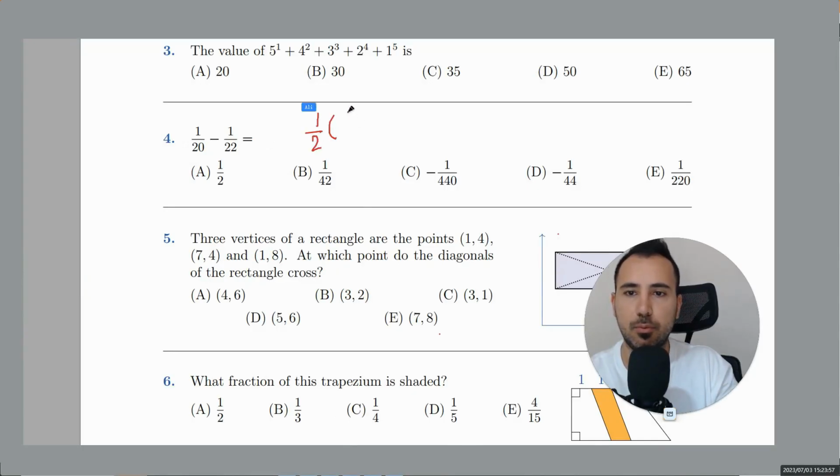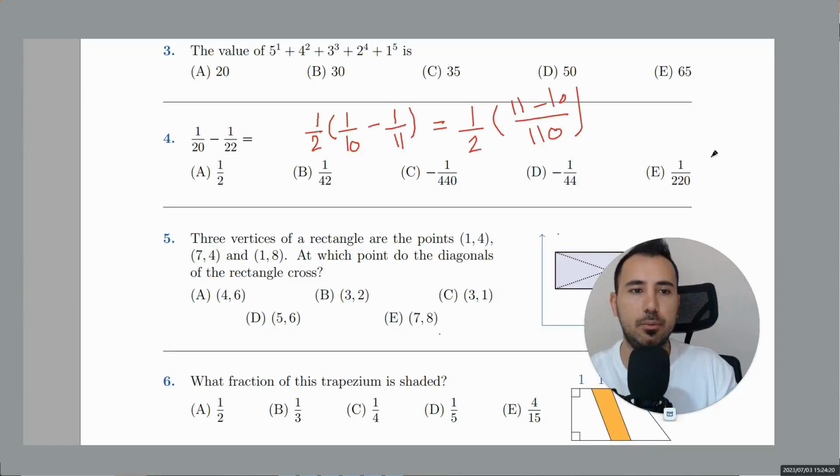So it's going to be 1 over 10 minus 1 over 11. Okay, so 1 over 10 minus 1 over 11 is going to be 11 minus 10 over 110. 1 over that, so it's going to be E.